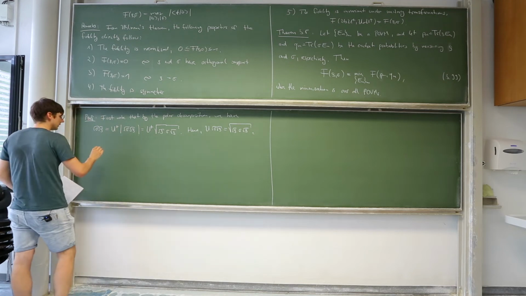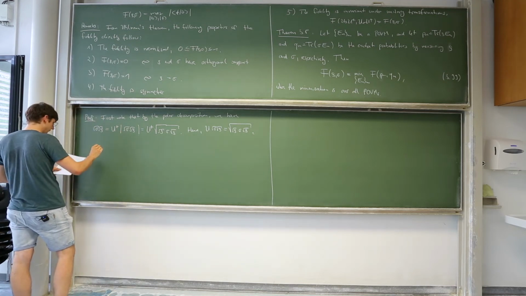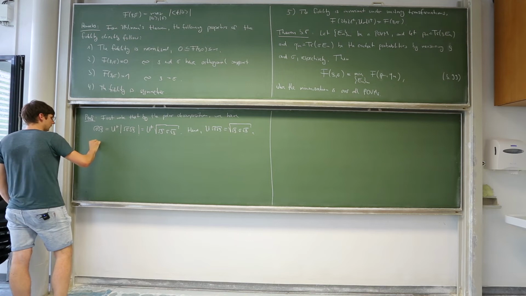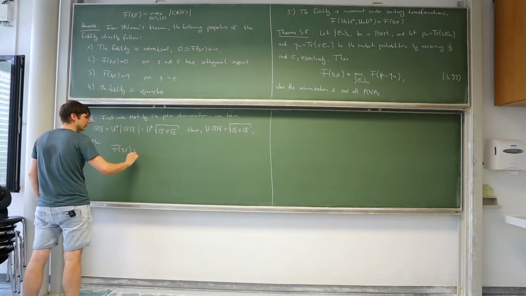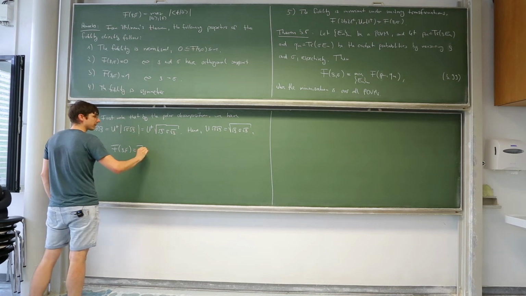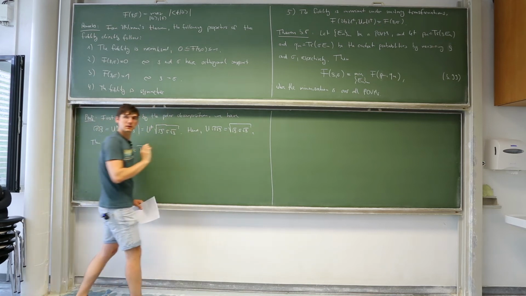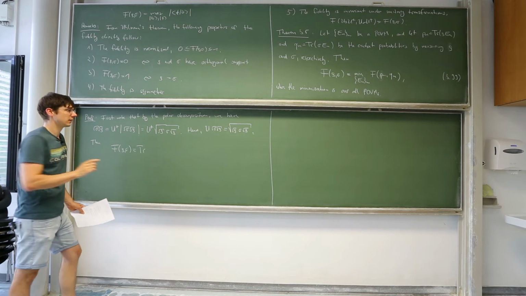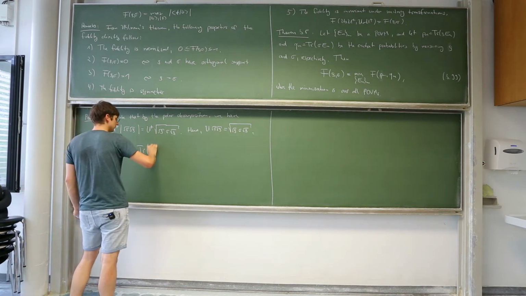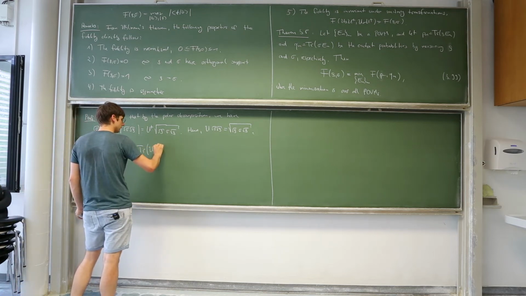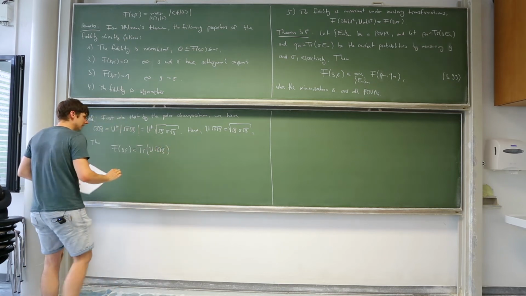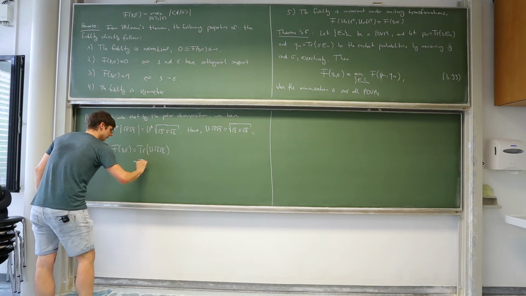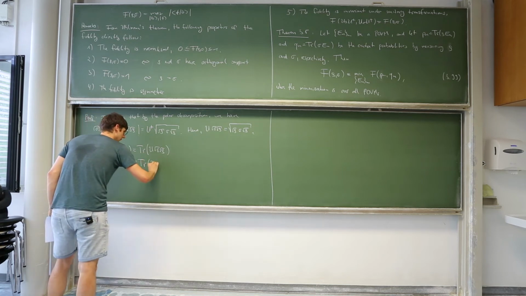And then we can write the fidelity as follows. The fidelity of rho and sigma was the trace of this expression here, so this was how we defined it. Instead we can now write it as the trace of U sqrt(sigma) sqrt(rho). And what we're going to do now is insert the identity here.